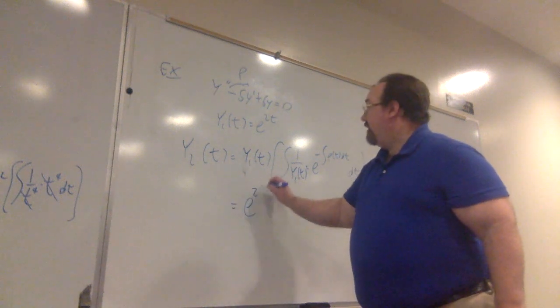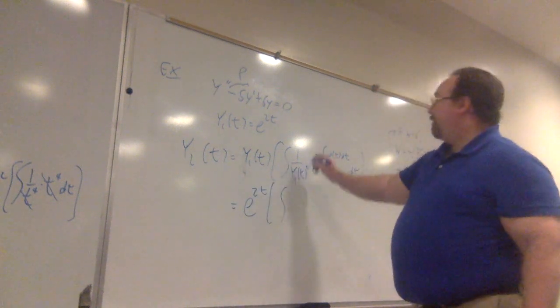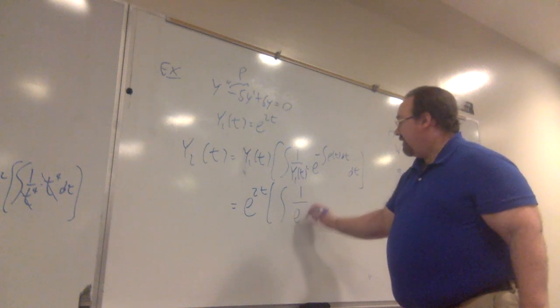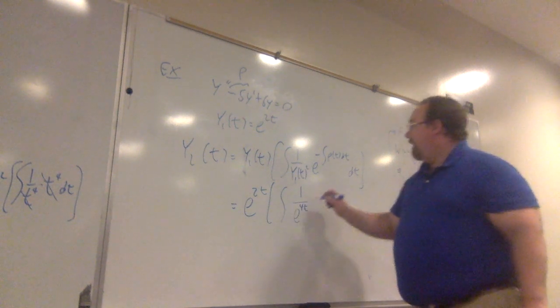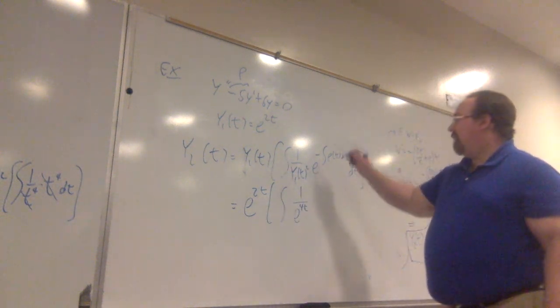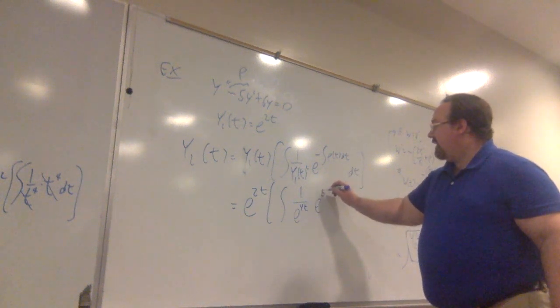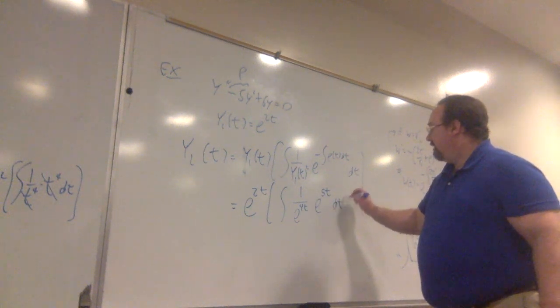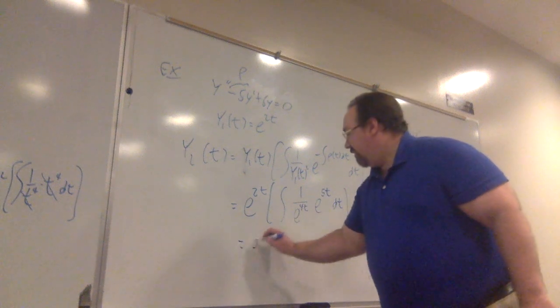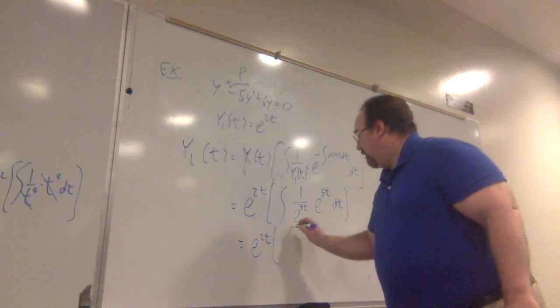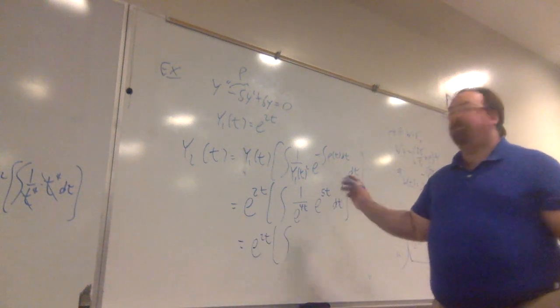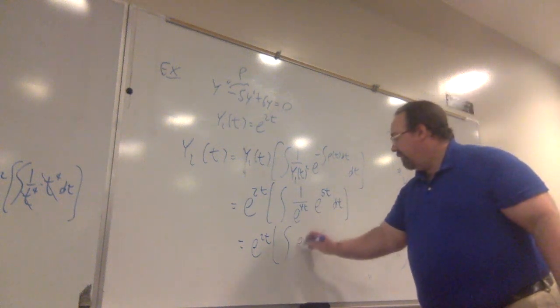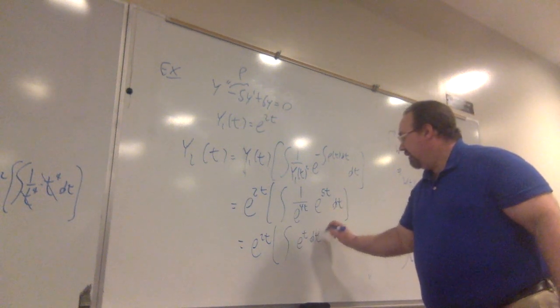Filling everything in. e to the 2t. 1 over y1 squared, so that's e to the 4t. And then p is minus 5. The minuses cancel. And I get e to the 5t. So then I have e to the 5t divided by e to the 4t, which simplifies to e to the t.